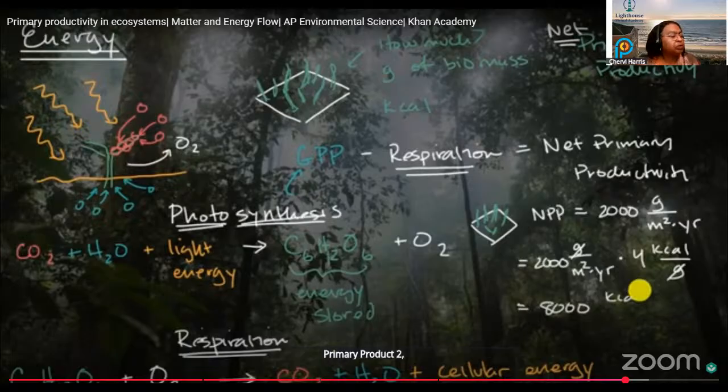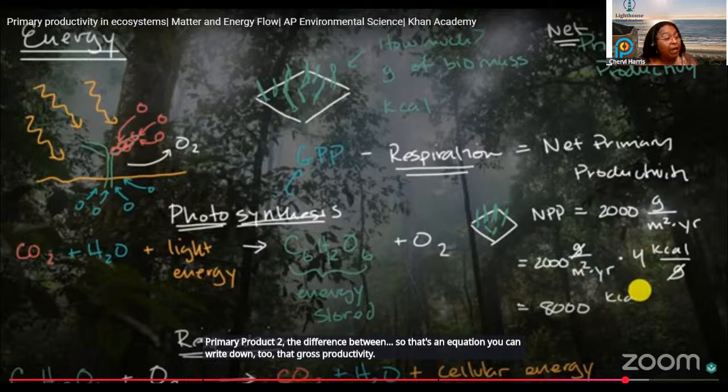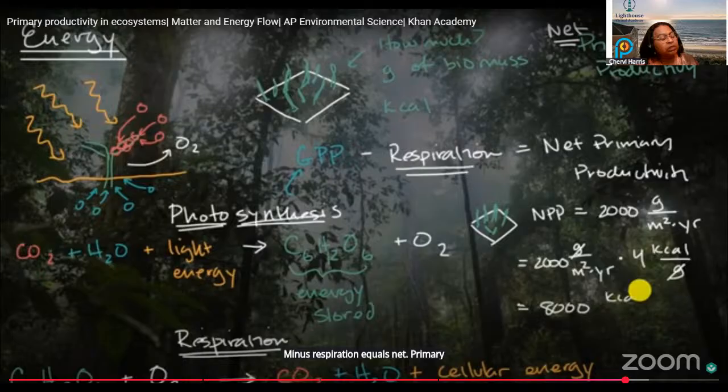So that's an equation you can write down too: gross productivity minus respiration equals net primary productivity. Again, not needed for this question, but at some point you will need that information.